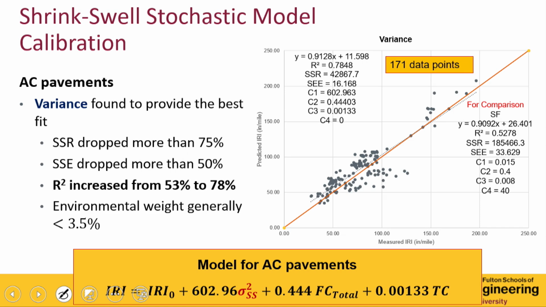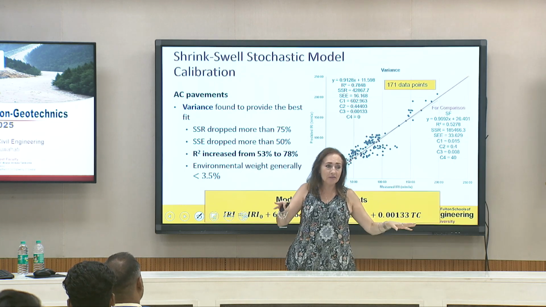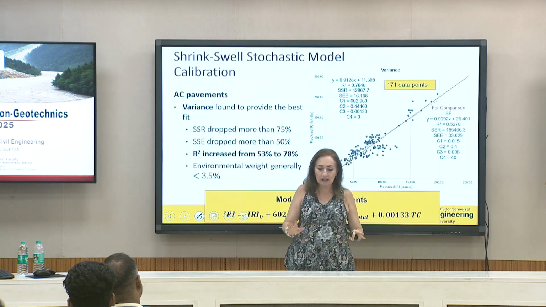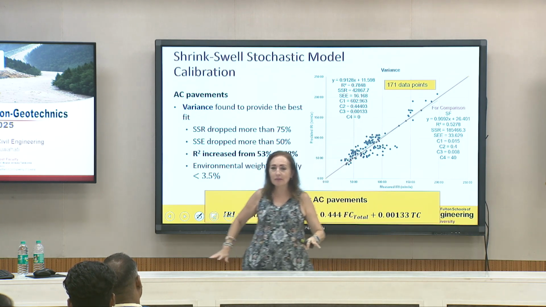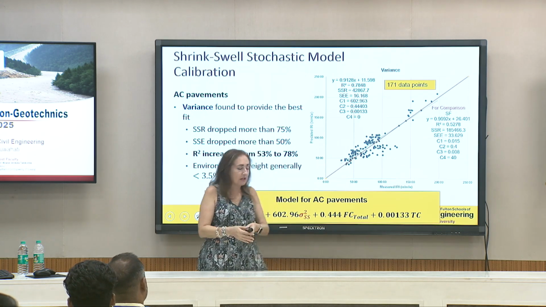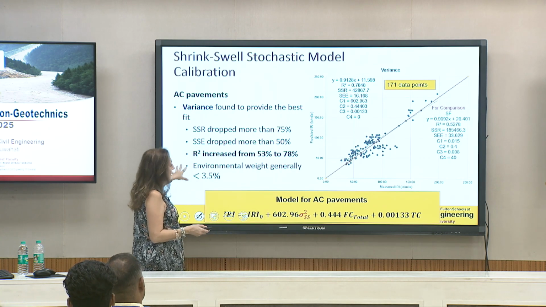We used 171 data points, real IRI measurements in the field, on places with expansive soil. The IRI is measured in the wheel paths, but they also sometimes measure values close by, they do it different ways. But we did that.